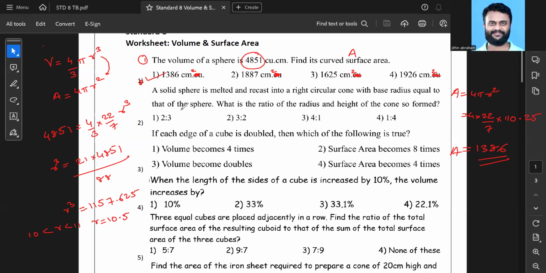Siddharth, can we solve using options? Yes, we can. But the thing is, in this case, wherever the cube and squares are involved, the options seem to be very close to each other. Because 1300, then 1600, then 1800, then 1900. They seem to be very close. So using options may take time.